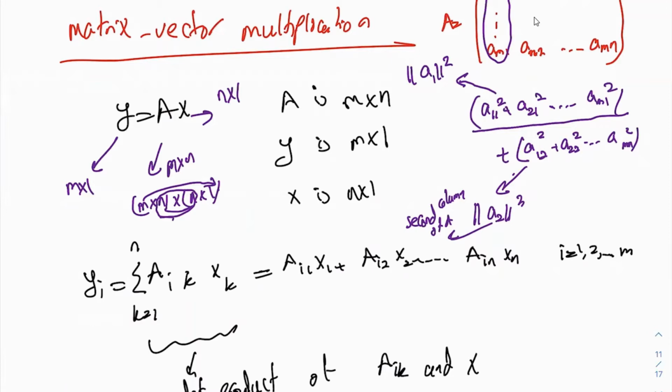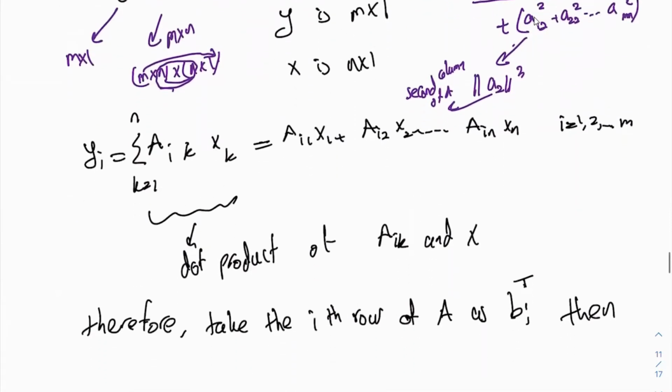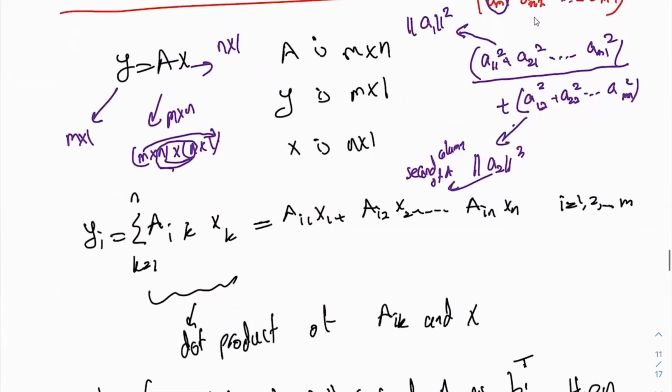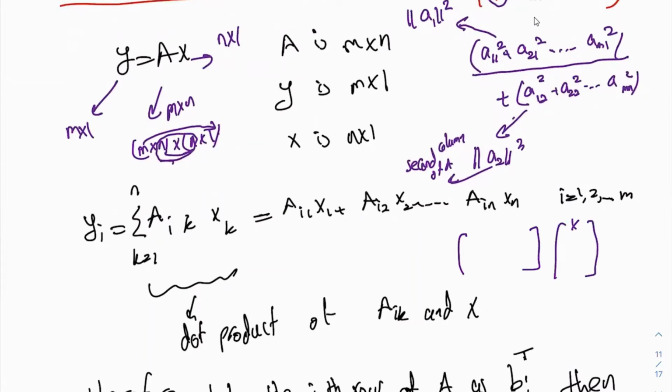Okay. So first, let's see what we can derive for the ith row of vector y. What's the expression for the ith row? So let me just now write x1, x2 all the way to xn, and then let's use uppercase A: a11, a12 all the way to a1n.